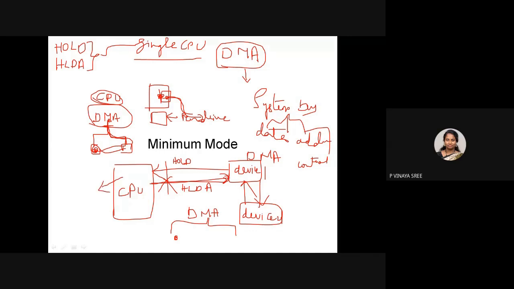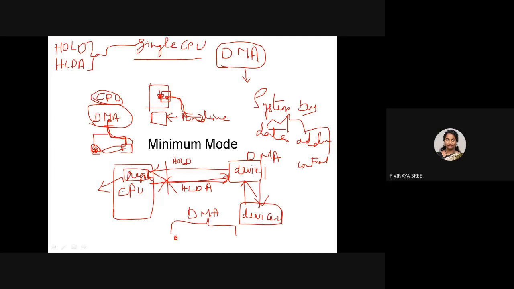Will it be in an idle state? No. In some cases it will be idle. In other cases, it will execute the instructions which are present inside its registers. You know that inside the processor you have registers, right? So it will execute the instructions present there without the support of the bus.